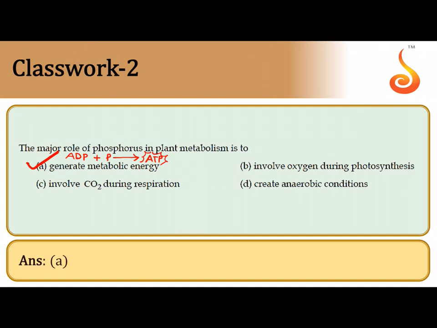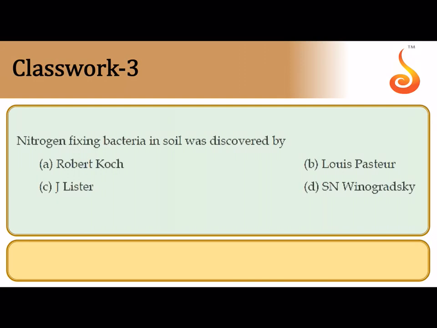And what do you call such a reaction where you are adding phosphate to a substrate? When you add phosphate to a molecule, we call such reactions phosphorylation reactions. So one of the most important functions of phosphate in the plant cell is phosphorylation reactions.